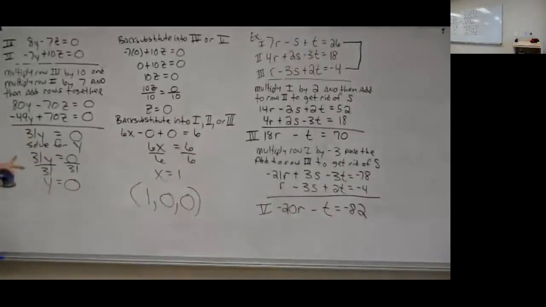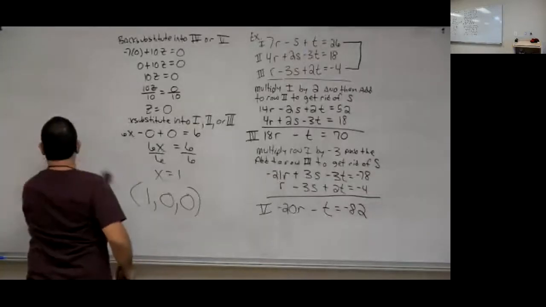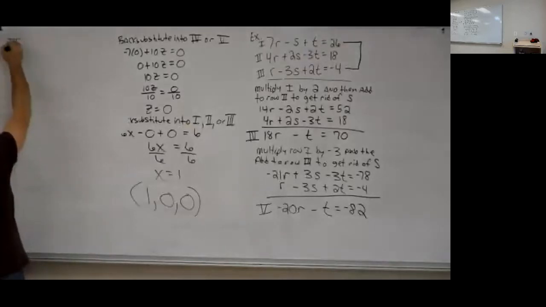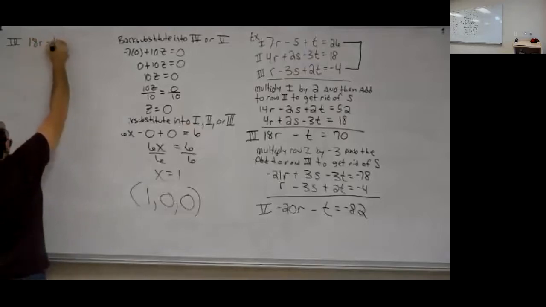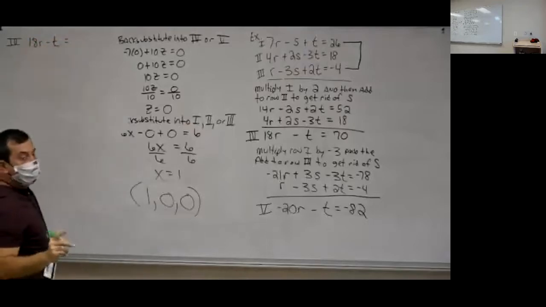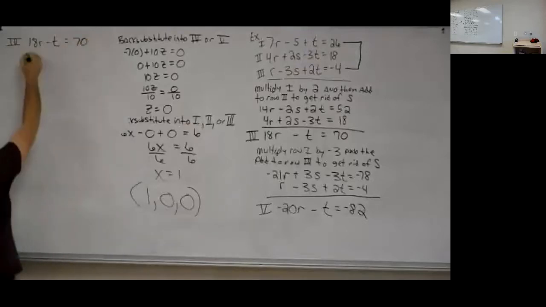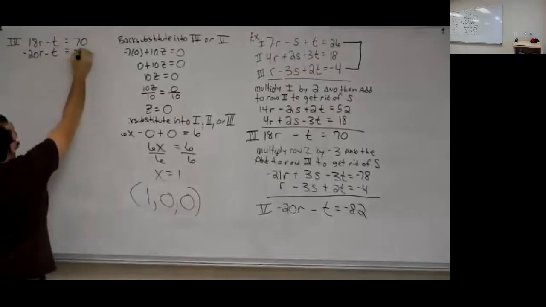All right, so I got two equations now, 4 and 5, that have two variables each that are R's and T's. So let me write 4 and 5 over here. So y'all, 4 was 18R minus a T equaled 70. 5 was a -20R minus a T equals -82.